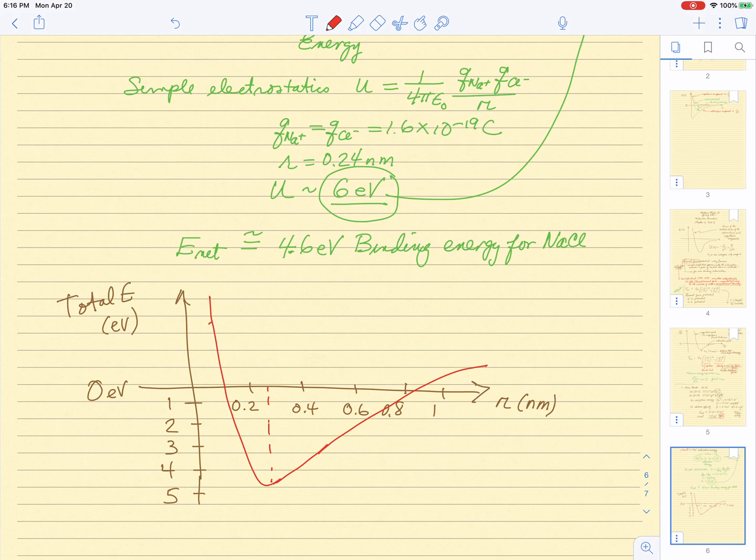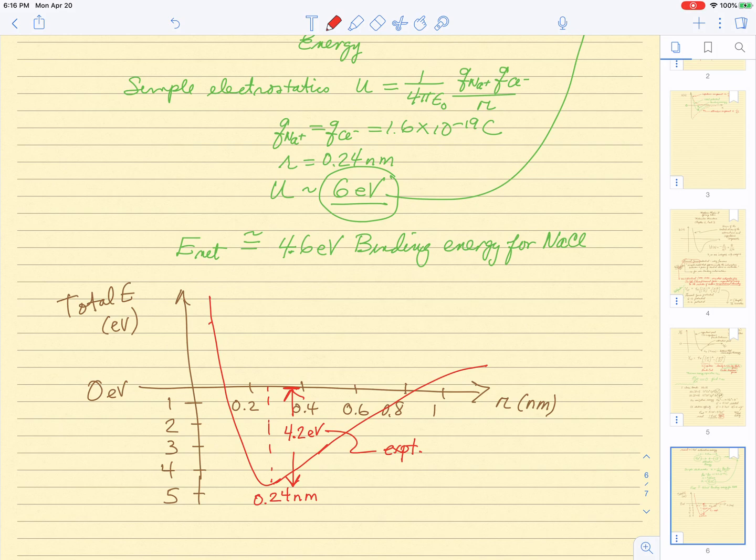This is about 0.24 nanometers. The energy from here to here is the binding energy, which we said was about 4.6 electron volts. Actually, experimentally, this is about 4.2 electron volts, so this is not too far off from our quick calculation above.